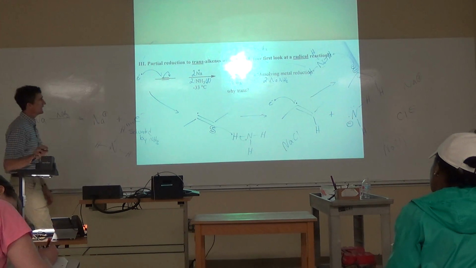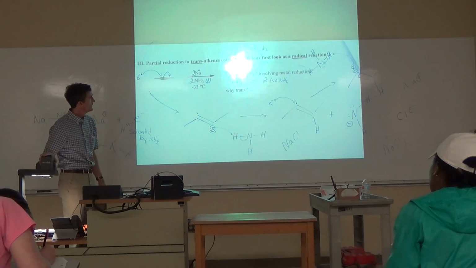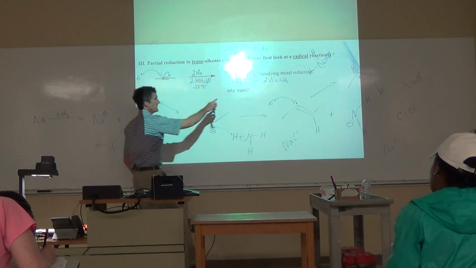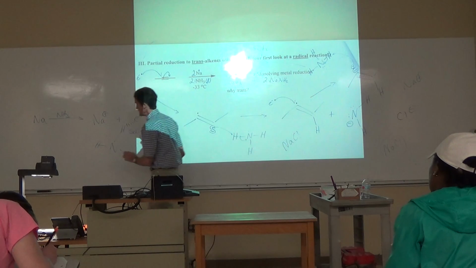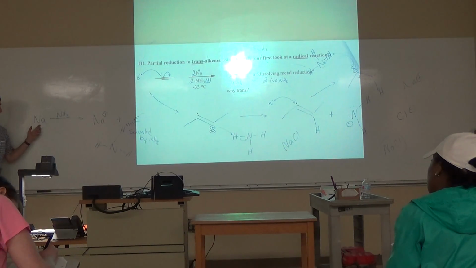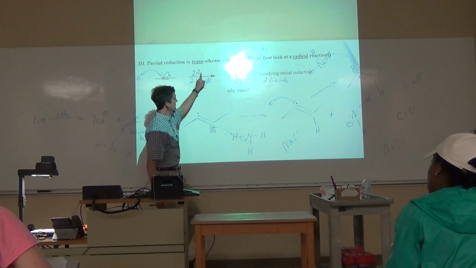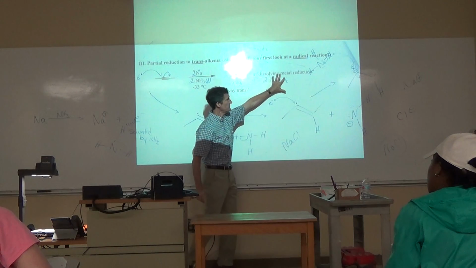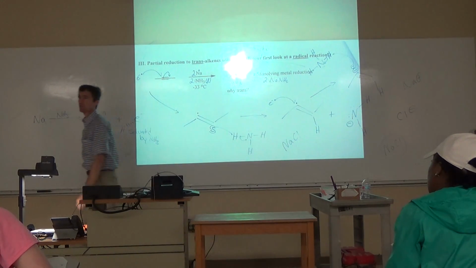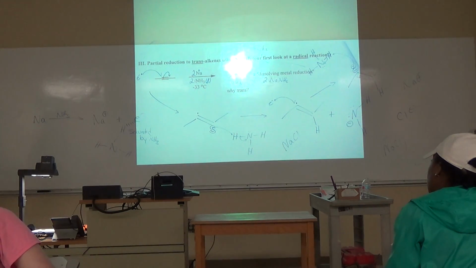This is called a partial reduction. It's also called a dissolving metal reduction because metals are not soluble. But as this reaction occurs, it becomes soluble, it all dissolves, and at the end your metal's dissolved. And so it's a very generic term.